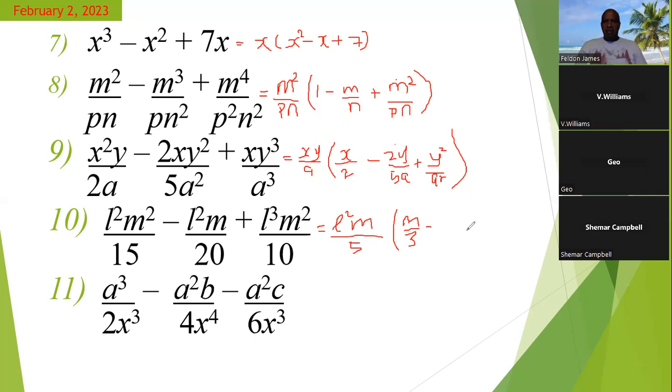I don't think you have anything for the numerator. It's L square M also. So when you divide something by itself, what do you generally get? 1. Yes, you get 1. So L square M over L square M is going to give you 1.